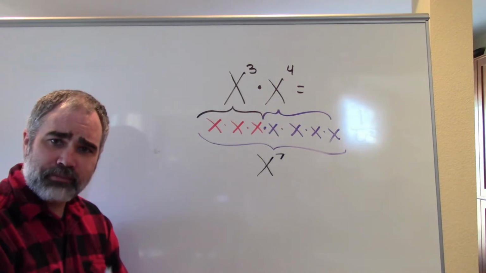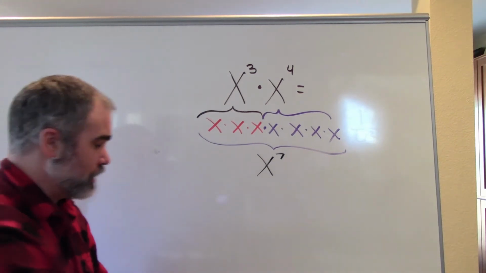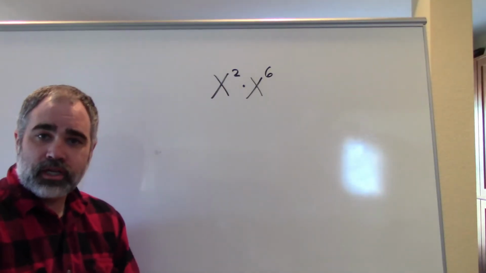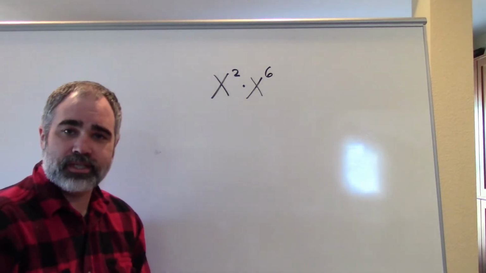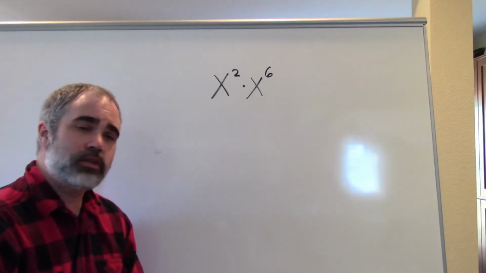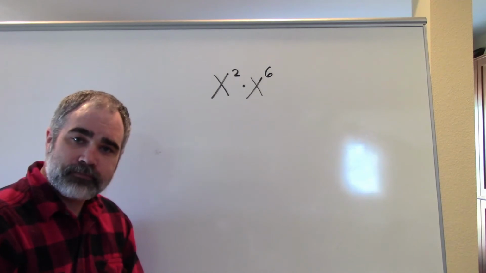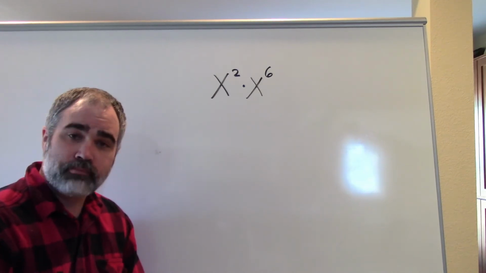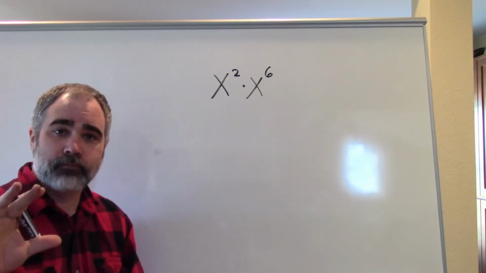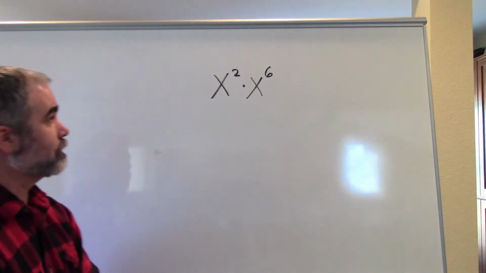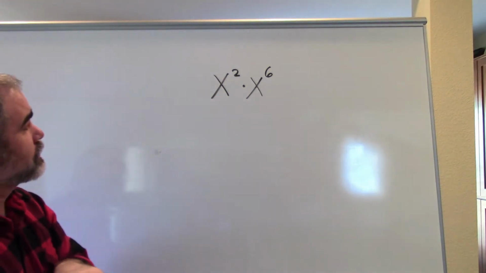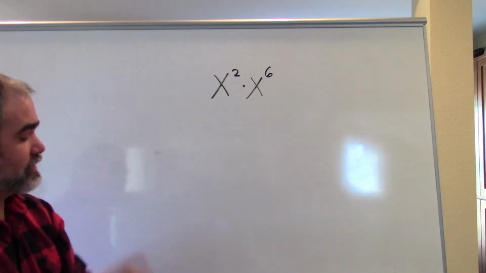Let's do another example and see if that builds a little bit better understanding. So I want you to mentally, based on what we just did, see if your intuition is improving. What do you think the answer to this is? So you can go ahead and pause and see if you can figure it out. Let's go ahead and try it right here. X to the 2nd power times x to the 6th.